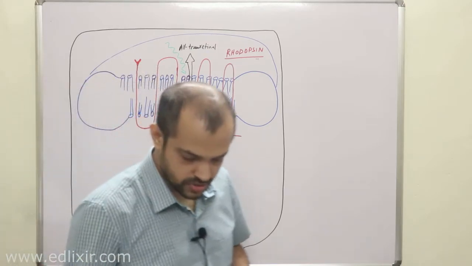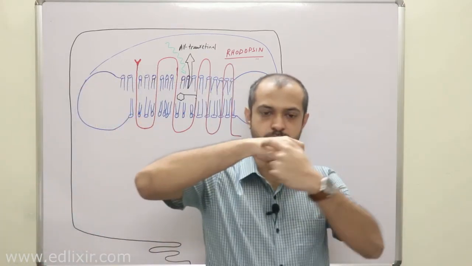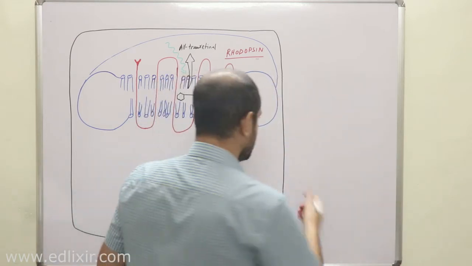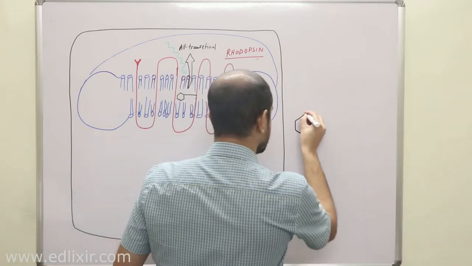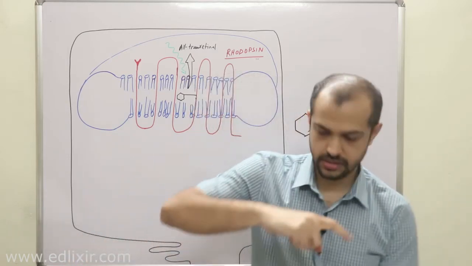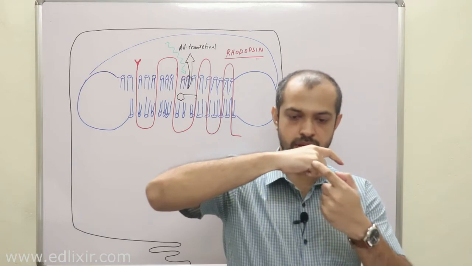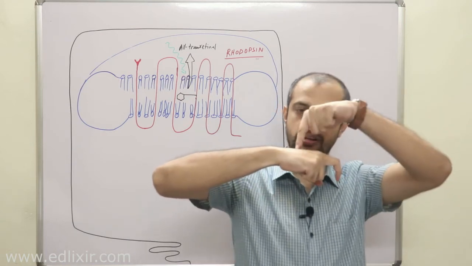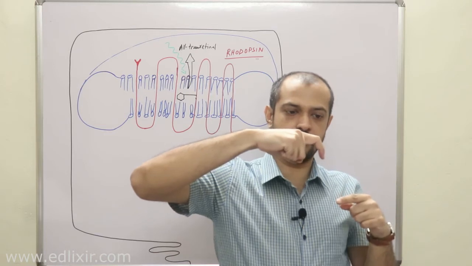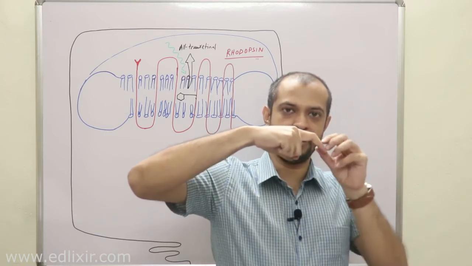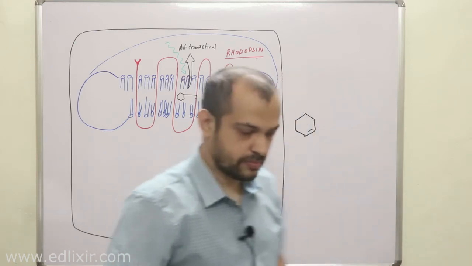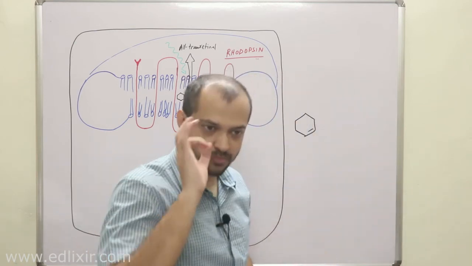Now suppose this portion of retinal is this part of my hand, okay? Now listen with all your attention. When light is falling, then the double bond now kinks a bit, okay? Kinks a bit. Now this position changes, a small bit of change.